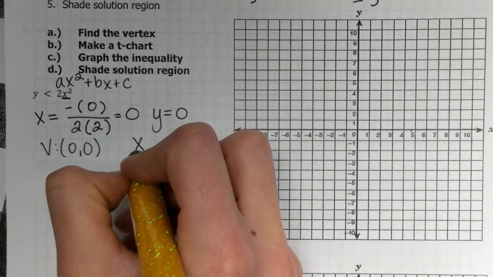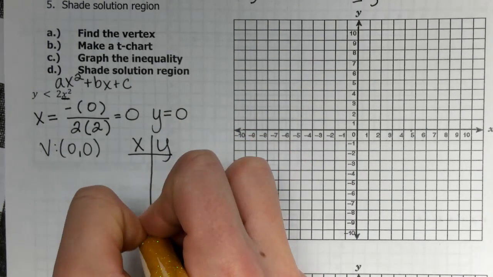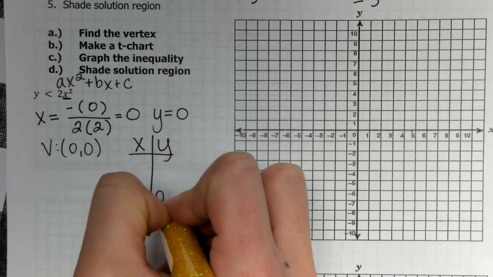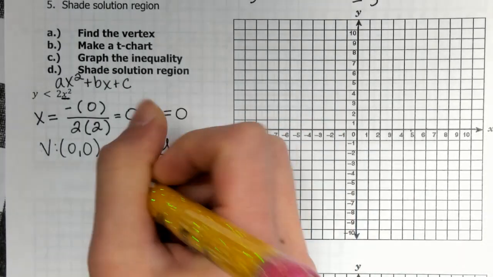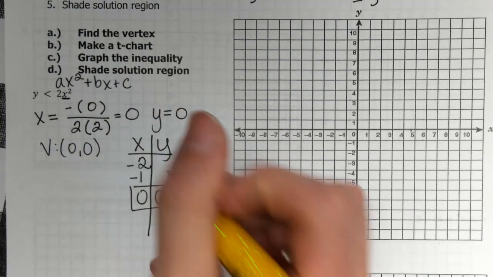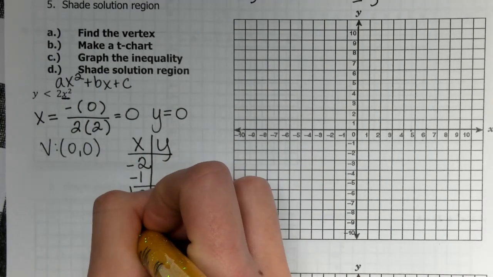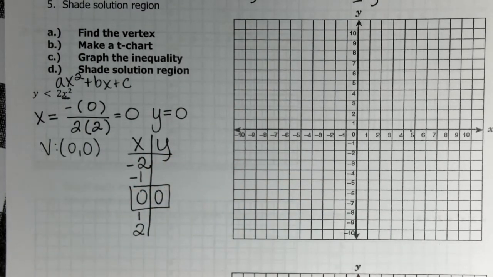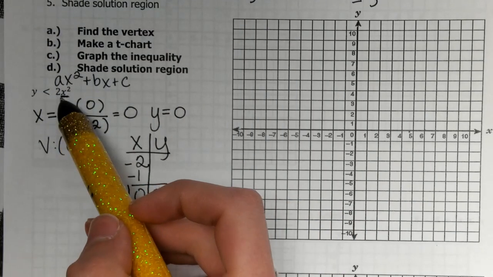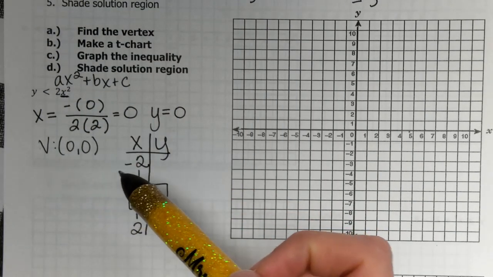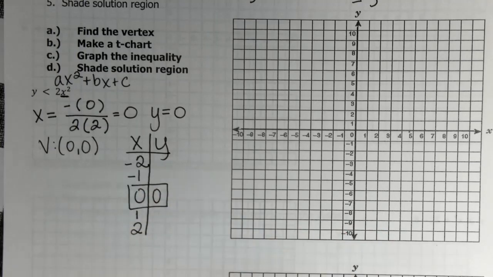So for my table, 0, 0 is going to be in the middle. And I'm going to do my two values less than 0 and my two values greater than 0. You could store these values for x and type your equation, but this is just a 2x squared. I think we can walk through that and just use our mental math.